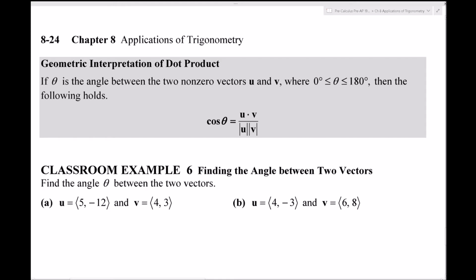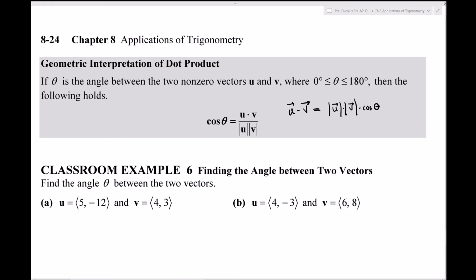So the angle theta between two vectors u and v, if I plug that into cosine, it's equal to this: u dot v over the magnitude of u times the magnitude of v. That's not the more intuitive way to write it. The more intuitive way to write it is that the dot product between u and v is equal to the product of the magnitudes times the cosine of the angle.